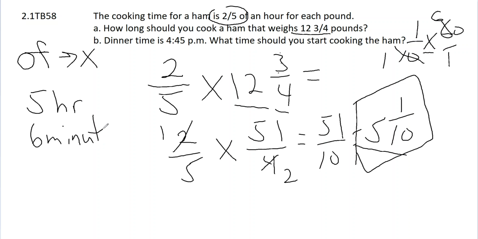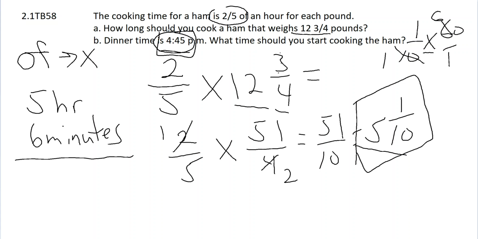Okay, now we got something to work with when we try to figure out when we have to start cooking. Well, the easiest way probably to do time is not necessarily to subtract 5 hours and 6 minutes from 4 hours and 45 minutes in a conventional way. It might be easier just to count backwards.